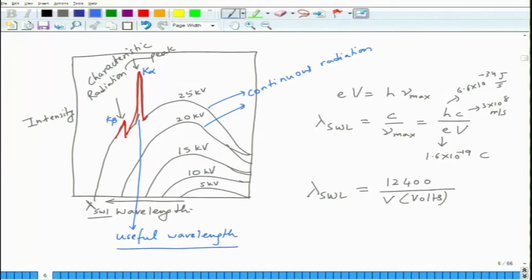It is only at high voltages that you start getting these sharp peaks, because you are then able to excite the electrons from K. Remember, if you want to excite an electron from K, you need higher energy, because K is the bottommost shell. When you bombard the material at lower voltages, you are only exciting electrons from the top orbitals, because they are loosely bound as compared to those close to the nucleus.